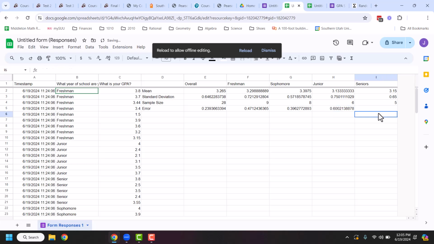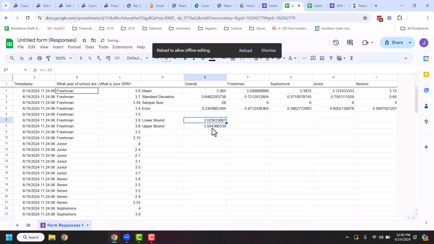And I'll just copy and paste that formula all the way across because Excel's really nice. It adjusts your formula when you copy and paste it across columns. So this is my error. And then to find my confidence interval, my lower bound is just going to be the mean minus the error. And then my upper bound is going to be the mean plus my error.